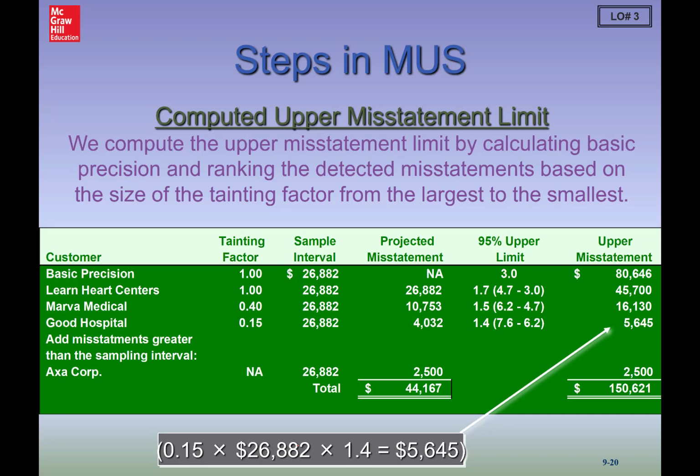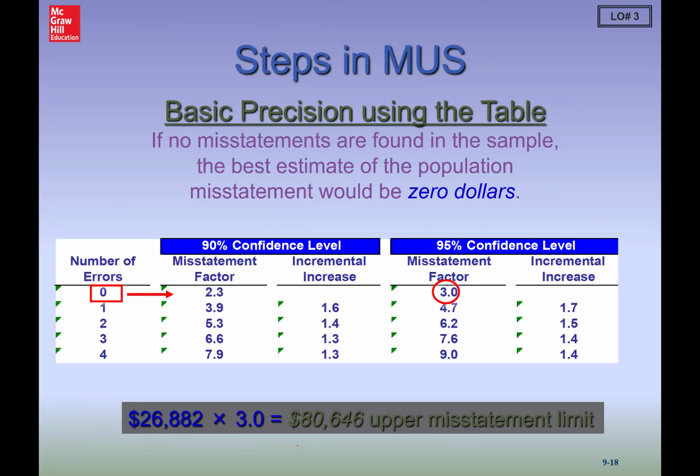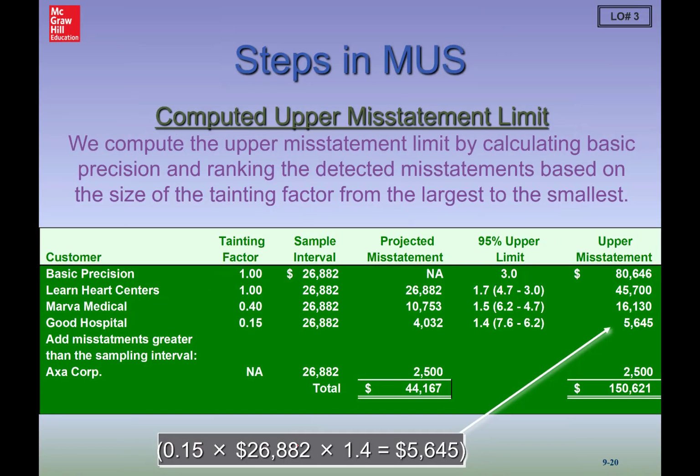We have the incremental increase that we come up with based on this table at the 95% confidence level. That was the 1.7. We apply that to our projected misstatement, and we now have 45,000. So 26,882 times the 1.7.